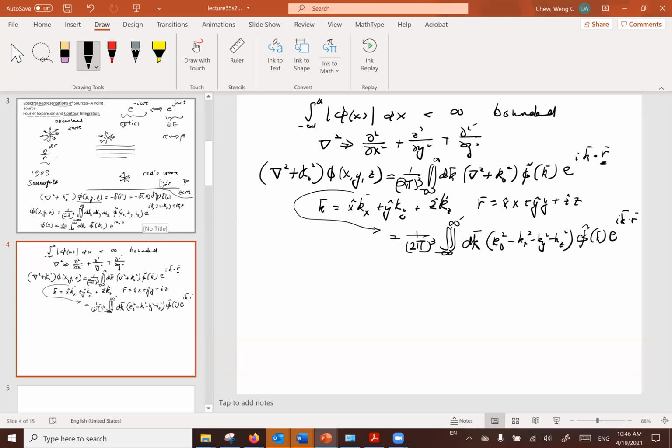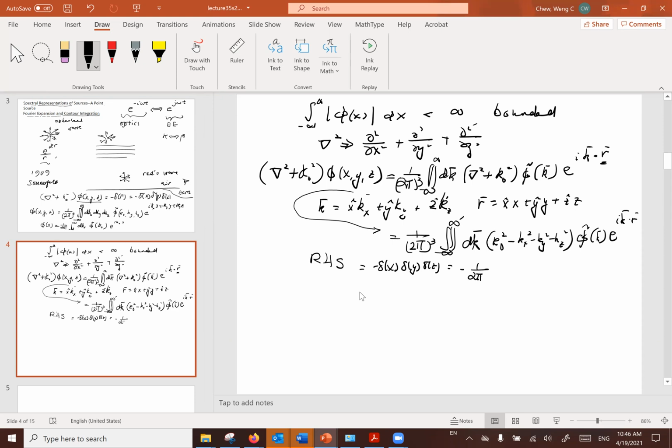I would also like to write the right-hand side in terms of a Fourier transform integral, and we know what to do with that. If we use the Fourier transform representation for the delta function, you will have delta x, delta y, delta z on the right-hand side. And if you remember from your undergraduate course how to write a Fourier transform of a delta function integral, it will be just e to the i kx x plus i ky y plus i kz z.